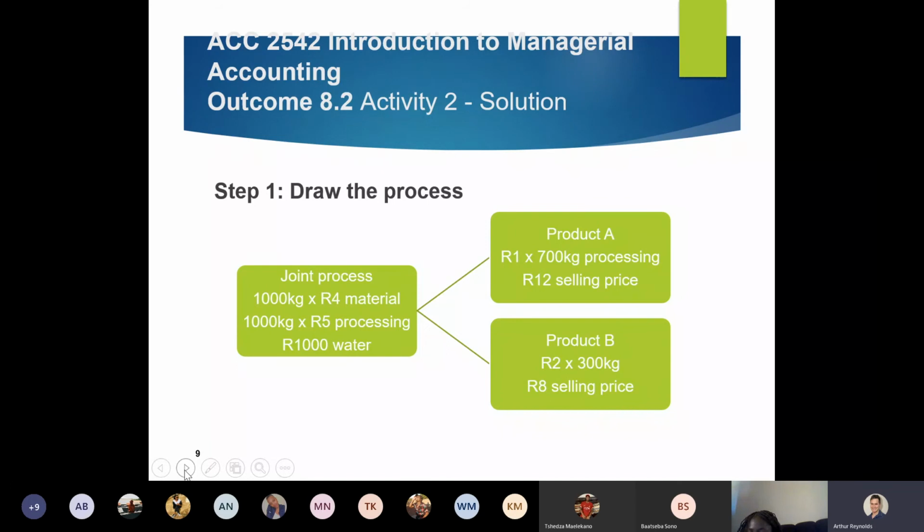This is the cost that we need to be able to allocate to A and to B. Now, specifically for A, we've got 1 Rand times the 700 kilograms for processing. There's a 12 Rand selling price. For B is 2 Rand times 300 kilograms, specifically for B processing, and then an 8 Rand selling price. These are the facts.